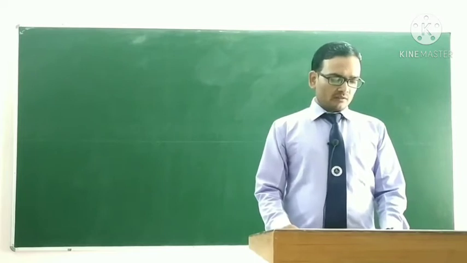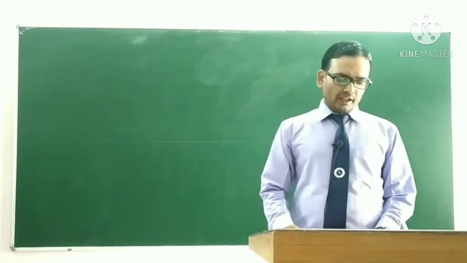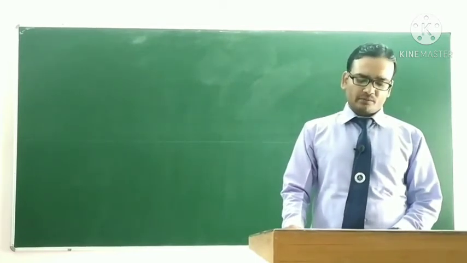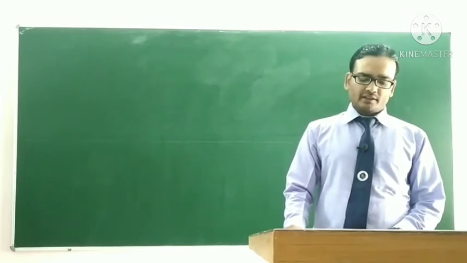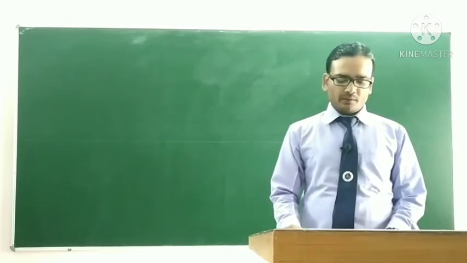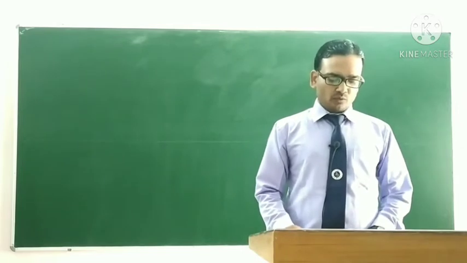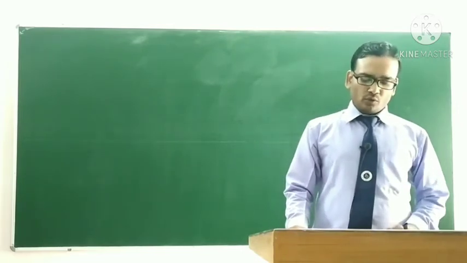Find the point on the x-axis whose distance from the line x upon 3 plus y upon 4 is equal to 1 is 4 units.